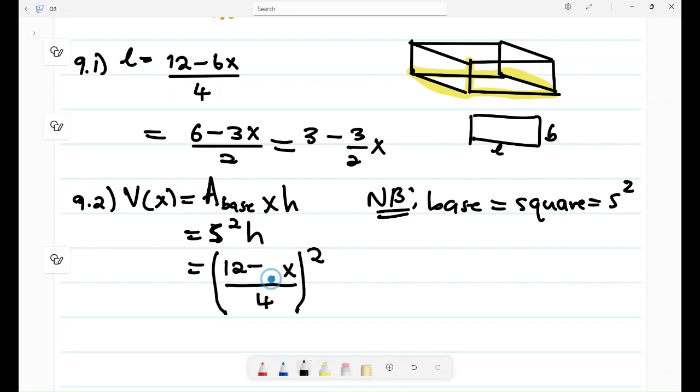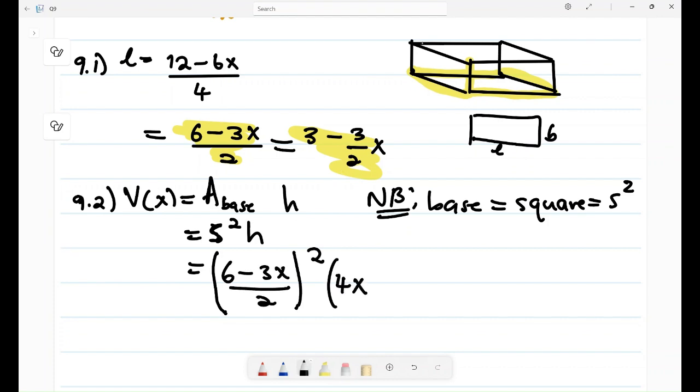Or I can use the simplified version, or you can use either this one or that one. Let me use this one. It's going to be 6 minus 3x divided by 2, multiplied by my height. My height I was given as 4x.